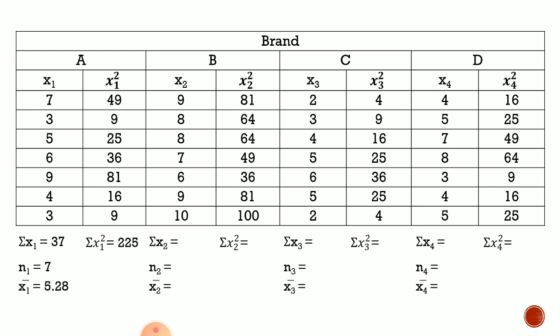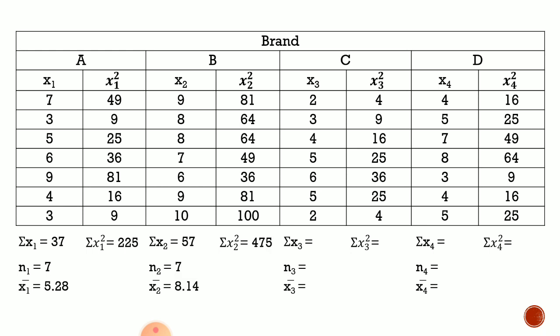And next is the summation of x sub 1 squared, or the sum of the data under x sub 1 squared. That is 49 plus 9 plus 25 plus 36 plus 81 plus 16 plus 9, which is equal to 225. Then repeat the same process on the remaining brands.